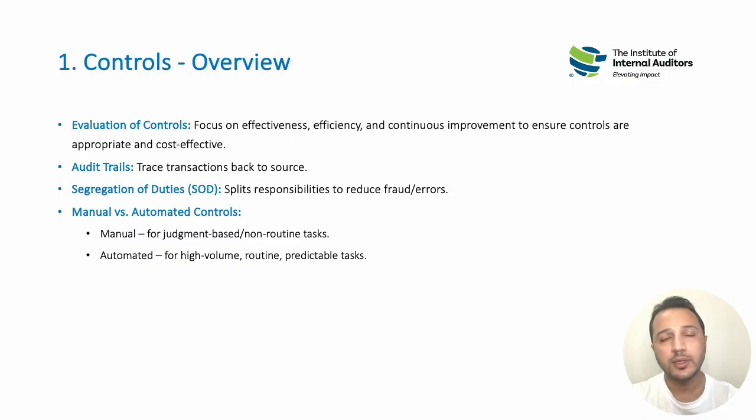Because tomorrow, when we as internal auditors see certain exceptions, we ask for the reasoning, documentation, and supporting documents. So these are some of the key basic overview topics related to controls.